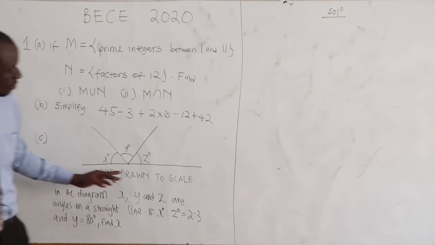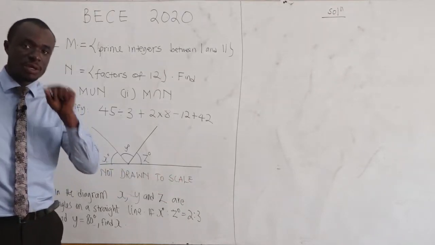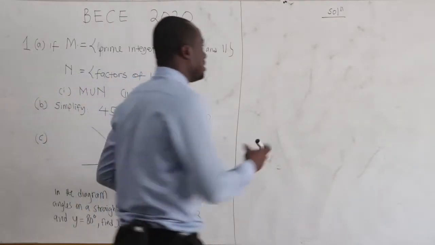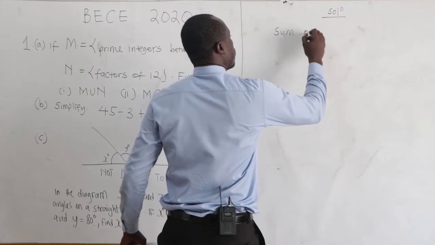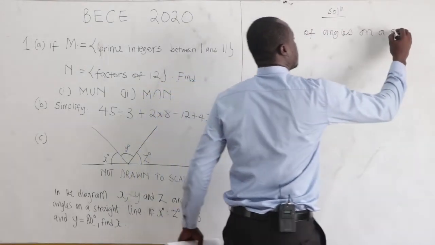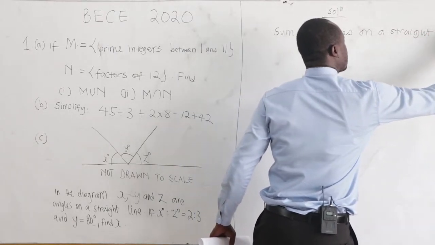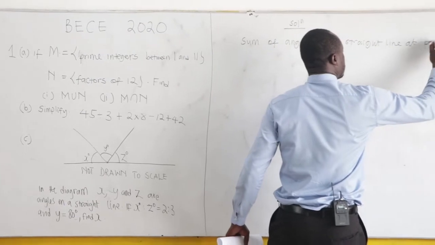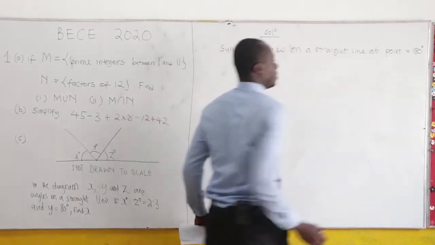Now we know that the sum of angles on a straight line at a point is equal to 180 degrees.